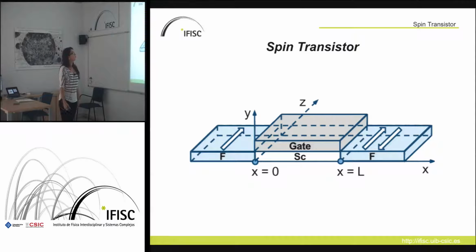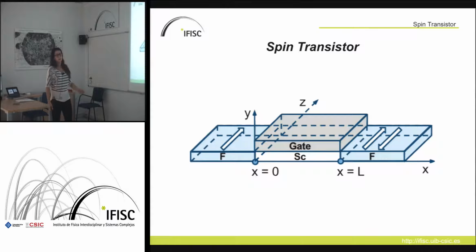First of all, what is a spin transistor? A spin transistor operates under the action of a spin-orbit interaction which rotates the spin of the electrons along a narrow channel. Typically, a spin transistor is formed by a semiconductor attached to two ferromagnetic terminals, with a spin-orbit interaction in the central region, which we can modulate with this gate.